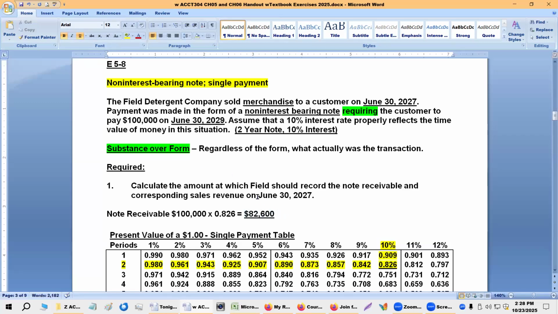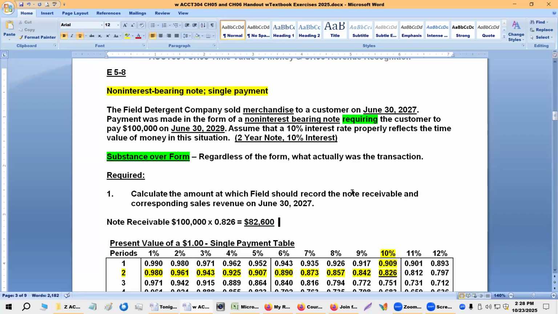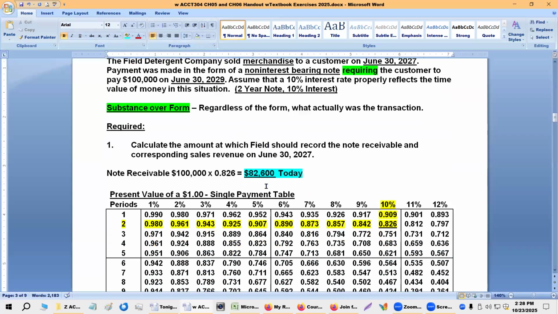They took the merchandise today, I assume, it was on June 30th. So when we make that sale, this is what it is. We really made an $82,600 sale.